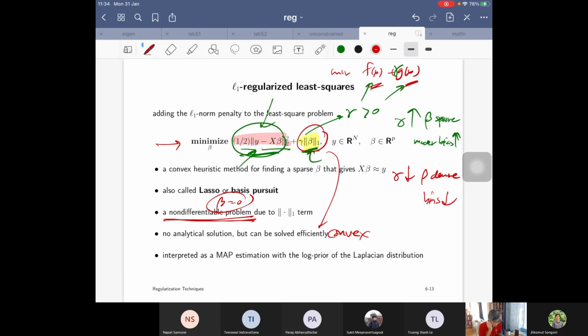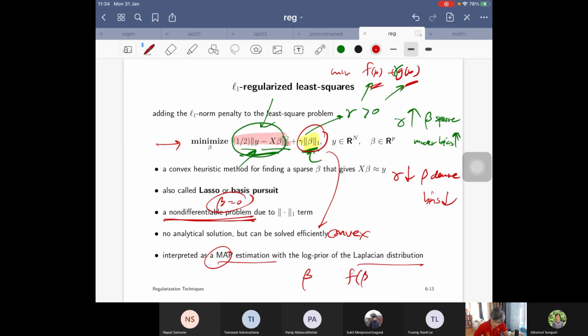From a statistical point of view, L1 regularized least square can be interpreted as maximum a posteriori estimation, or MAP, when beta has a prior distribution as Laplacian.